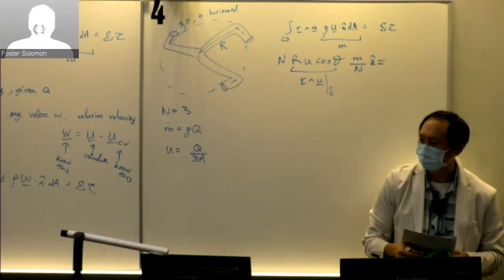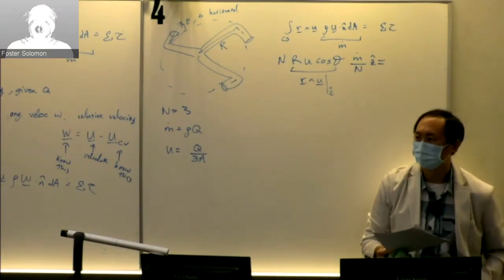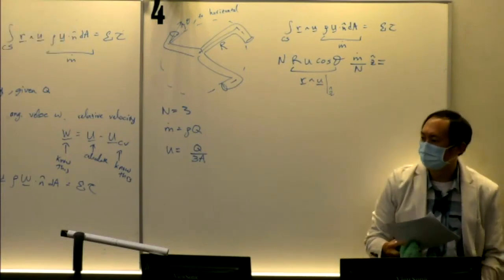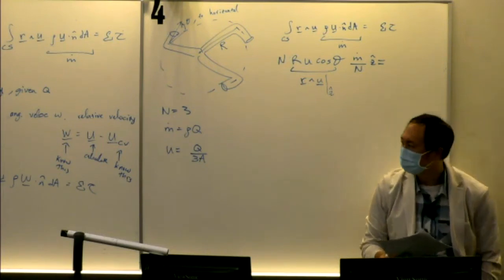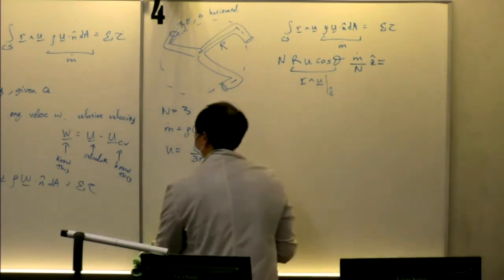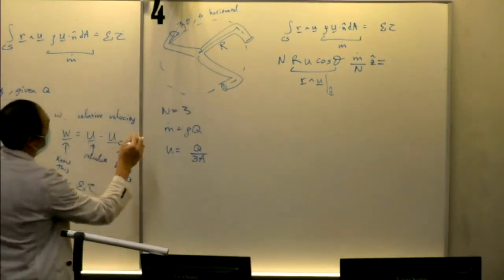Yeah. Okay. So I have two questions. One is a general one. When we're doing relative velocity for the CV, can we always say it's r omega? Yeah. I still have it up here.